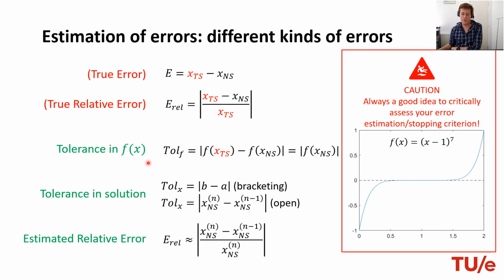So if we were to base ourselves just on a tolerance in f, we might come to the conclusion that we attain quite a good accuracy using this approximate value of 1.25, where actually we are quite far from the true solution of x is equal to 1. So it's always a good idea to critically assess the estimation of your error and the stopping criterion that you're using in your numerical methods.